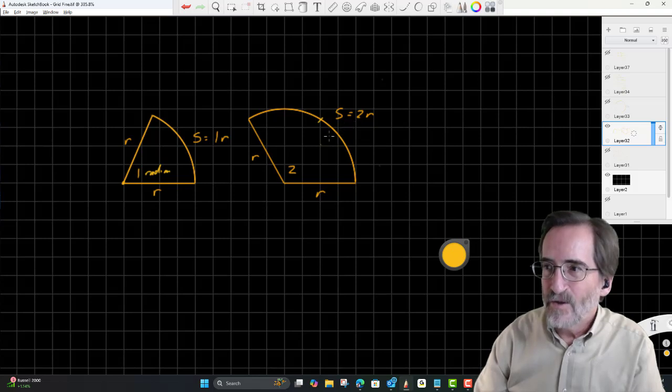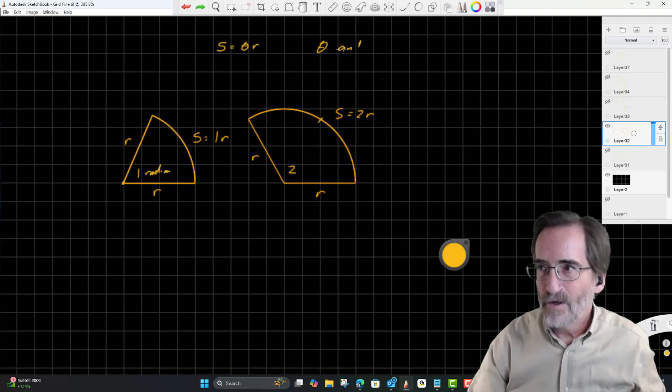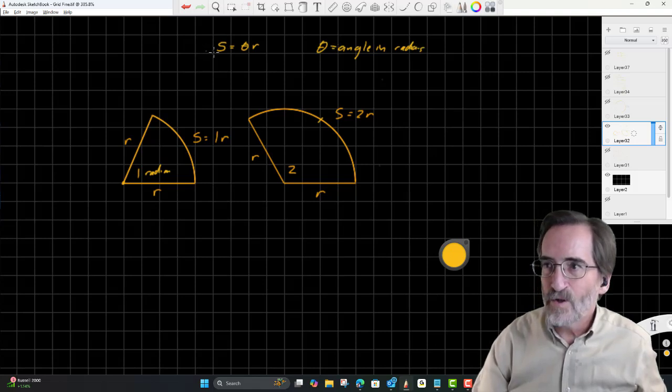Notice that the arc length is 2 radians. The arc length is 1 radian. This gives me the formula s equals theta r, where theta is the angle in radians. And this is a really cool formula.